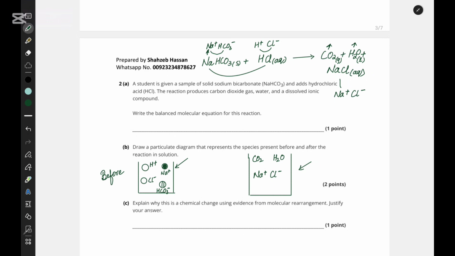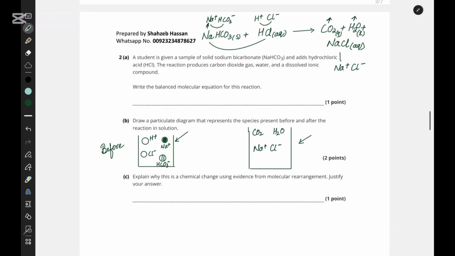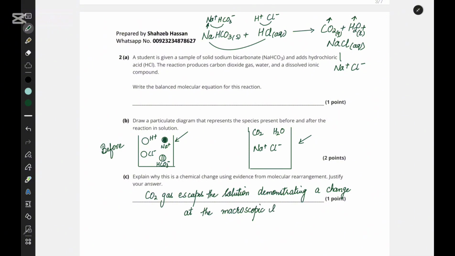What happens is that we can see one thing, that CO2 gas escapes the solution, demonstrating a change at the macroscopic level.